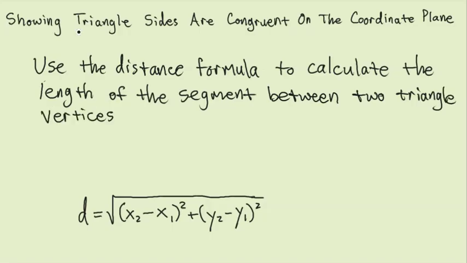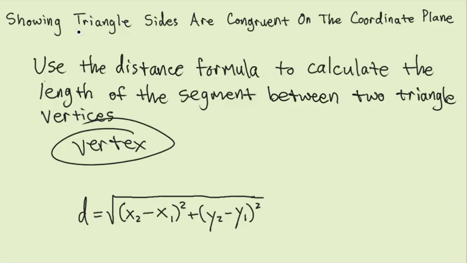Now, what is vertices? Vertices is plural for vertex. What's a vertex on a triangle? Well, it's one of the corners. There are three angles, and the vertex is the point at one of the angles. So there are three vertices in one triangle.